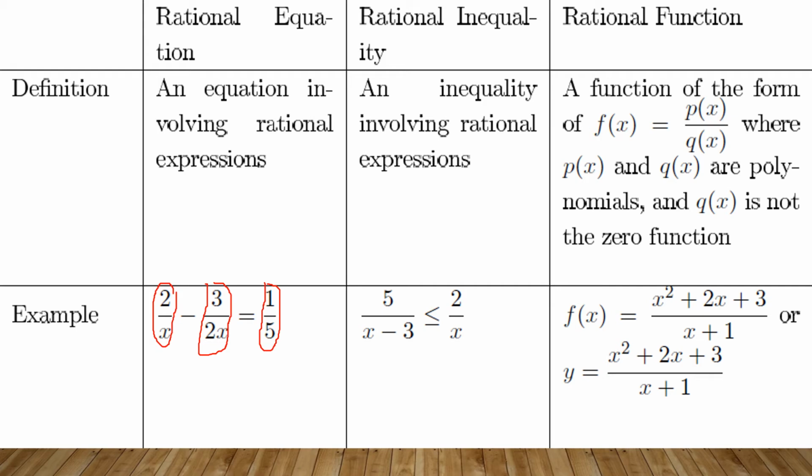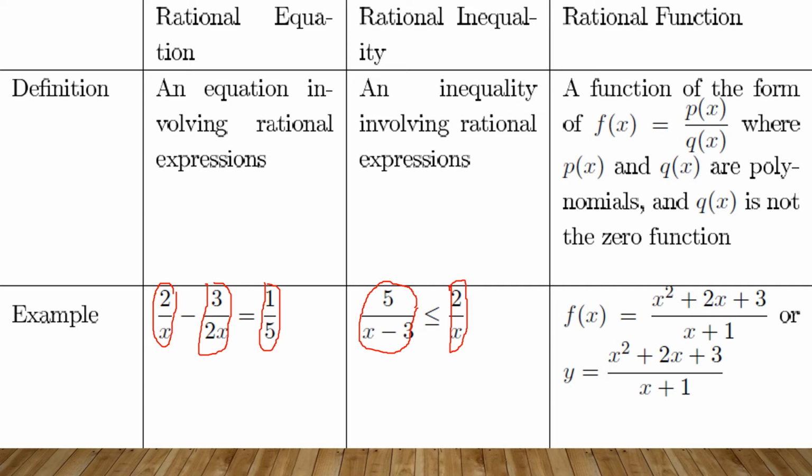Now this one here is a rational inequality. Why? We have here a rational expression, another rational expression, and an inequality symbol. So it can also be greater than, less than, or not equal. So those are rational inequality.